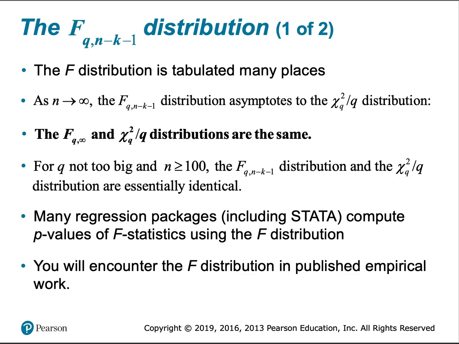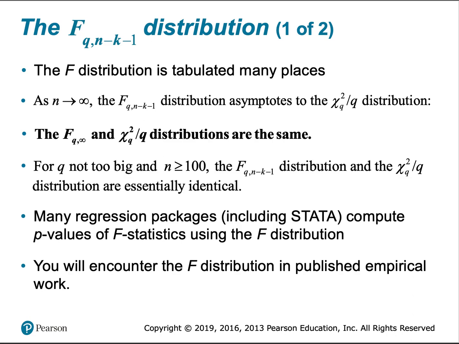For q not too big and sample size greater than 100, these two distributions are essentially identical. So again, if you're not testing too many constraints in your null hypothesis and your sample size is at least 100, then the F distribution and the chi-squared over q distribution are essentially the same, and you're going to draw your critical values from the chi-squared over q distribution.